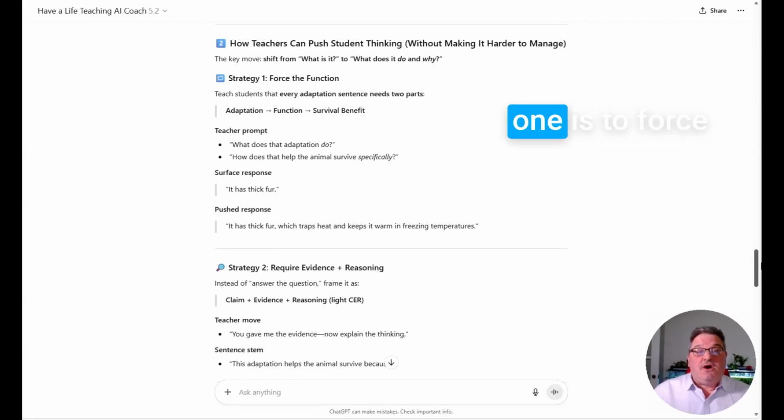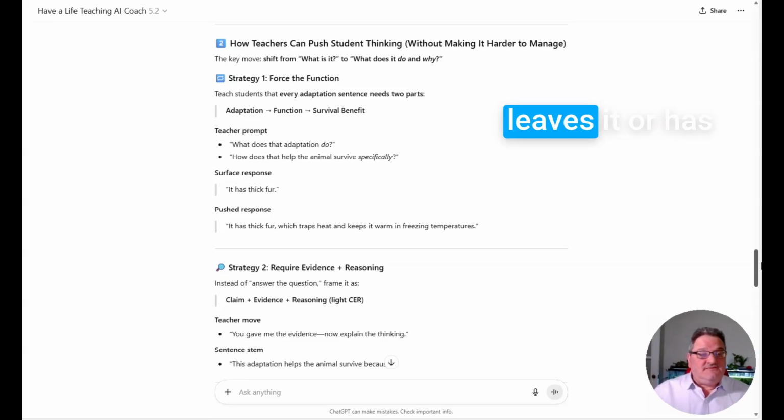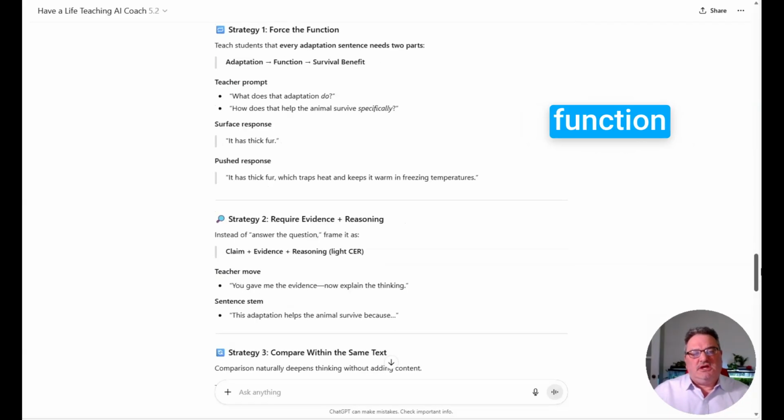So strategy one is to force the function. When the student just has an answer at its very surface level, for example, when they say it is thick fur, you could push the student: what does that adaptation do, and how does that help the animal survive specifically? So you're forcing the function.